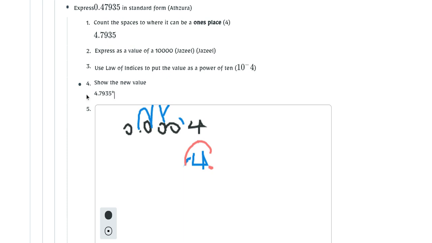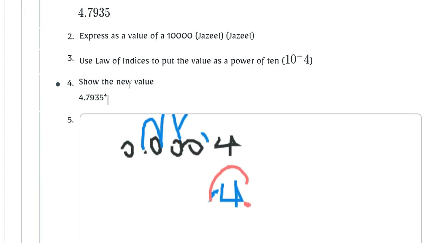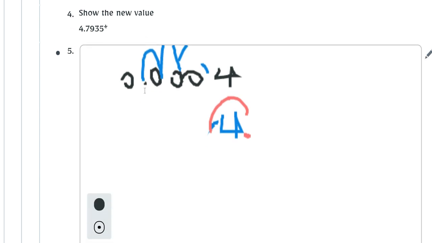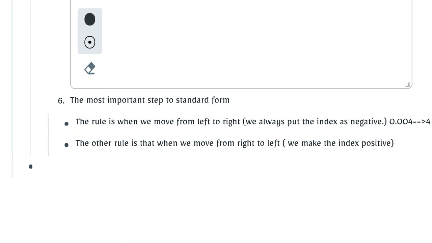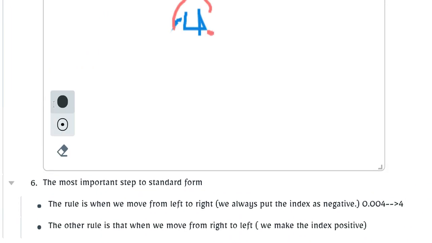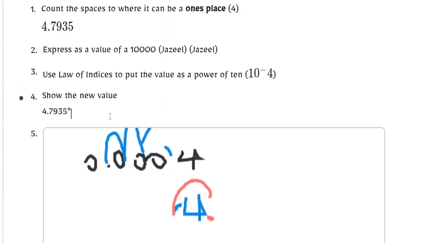Right, but tell me now, how would that be as an index? Remember you told me as an index, so put that as an index. Sir, 4 times 10 to the 4th, sir. 10 to the 4th, are you sure? Sir, since there's 4 spaces, sir. Right, but look at the rule, Khalil. The rule is that we're moving from left to right. And what do we say when you move from left to right? What do you do?